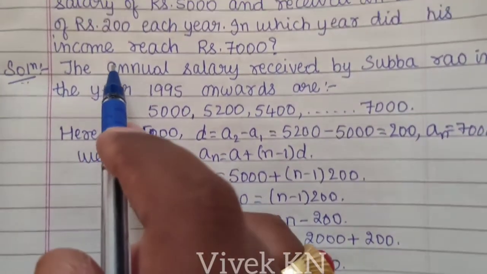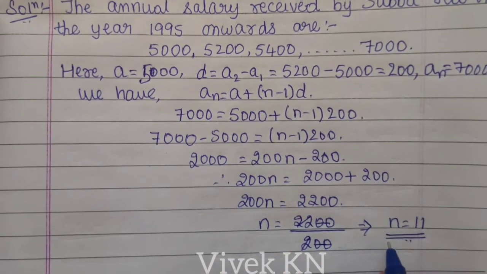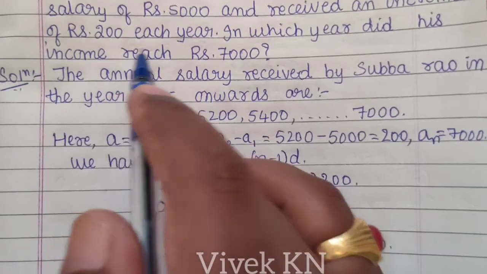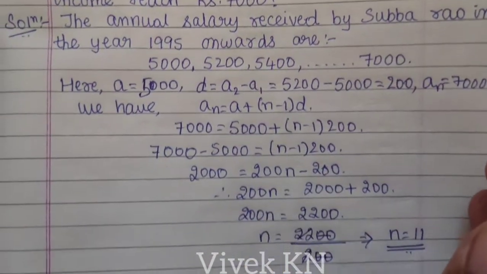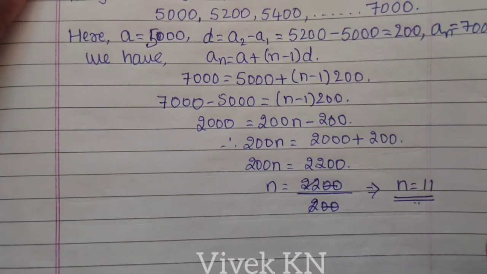In the question, they are not asking us to find the value of n, but they are asking in which year Subbarao receives 7,000 rupees as an annual income. So we have to find out in which year.